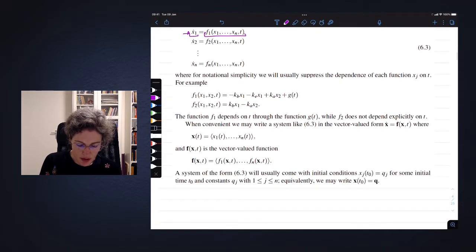So if we want to have a look at an example, here's an example where we have two variables.